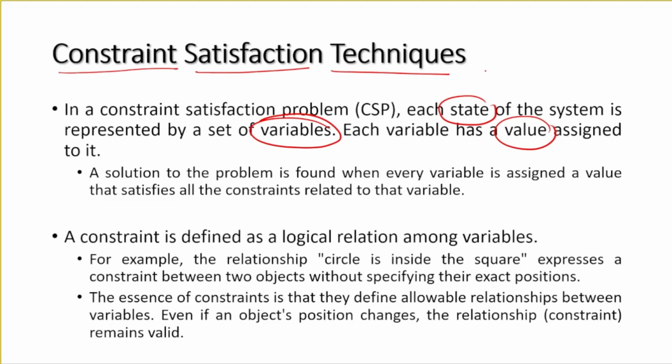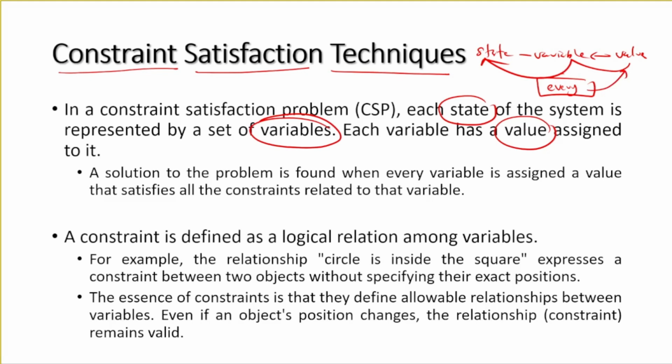So the state is represented, and the variable ni responds by the value. So dia berantai. So the solution of the problem is found when every variable is assigned a value that is satisfied with the constraint. Okay, every variable is assigned a value that agrees with the constraint.